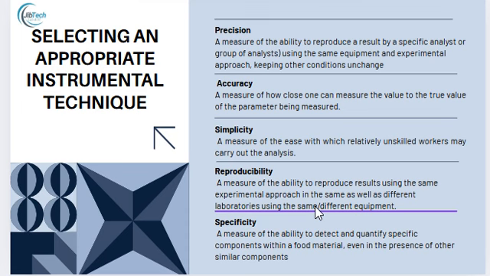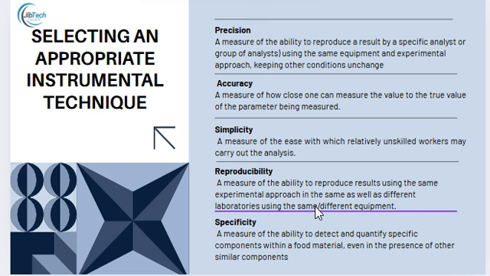And if we're getting different results, it means that the degree of reproducibility of that equipment is very low, and then you don't want to go for such an equipment. Now the specificity.